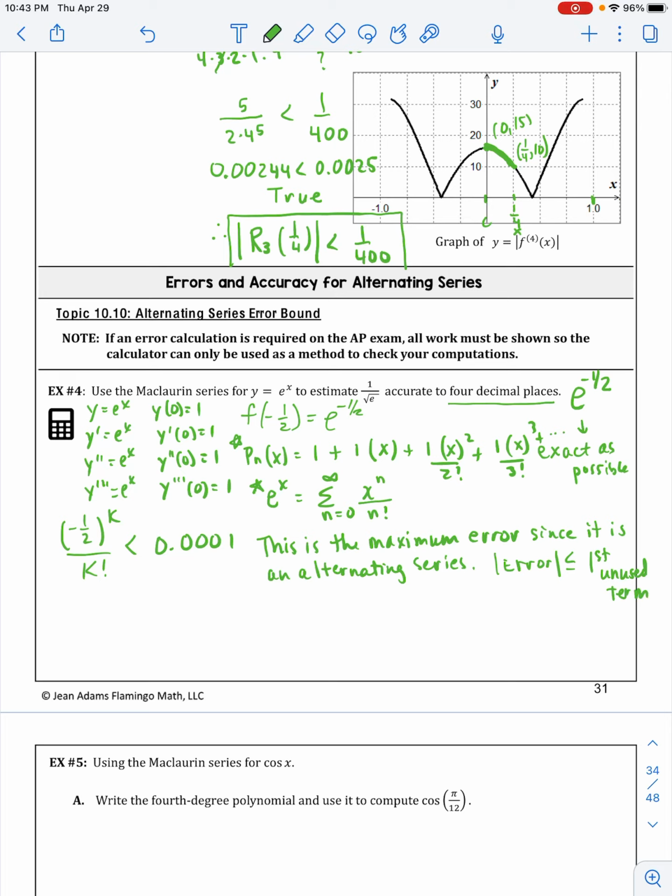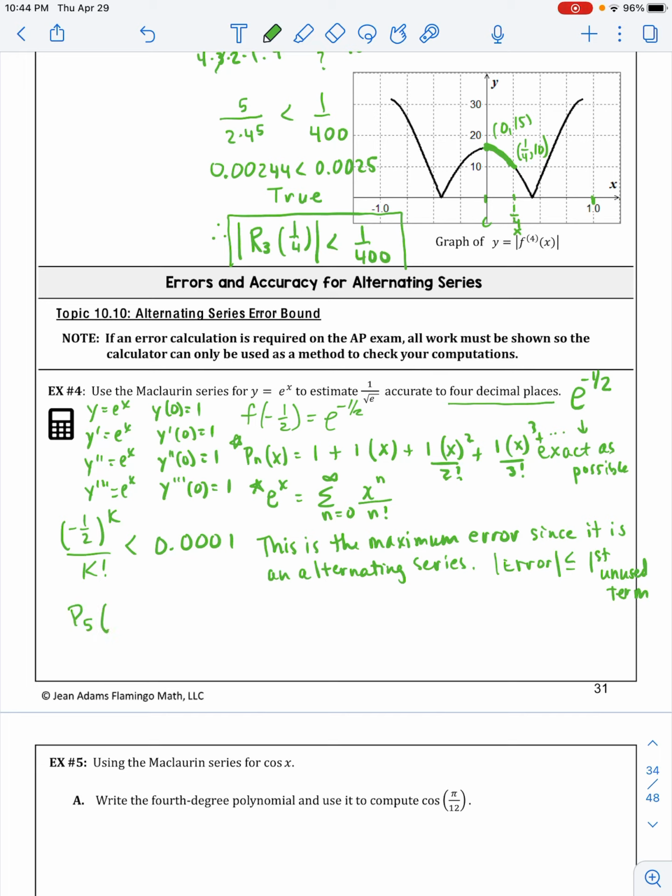And so the absolute value of our error is going to be less than or equal to our first unused term. And so since we're trying to find it at negative 1/2, this is like our x, and then we know it's going to be some power and then over some factorial, that same factorial's power. And so this k should be my n plus 1.